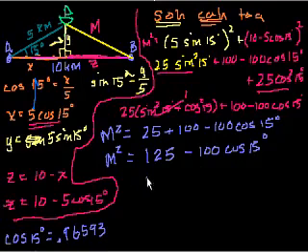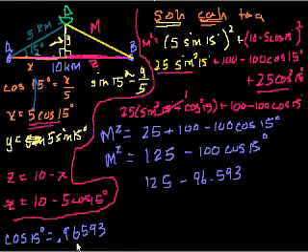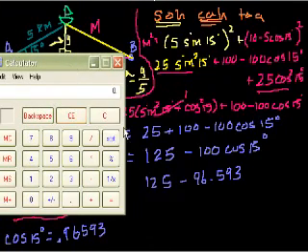So this term would be 125 minus 100 times this, right? So what's 100 times this? Well, that's just minus 96.593, right? I just did 100 times the cosine of 15 degrees. And now let me use the trusty calculator to figure out what that is.